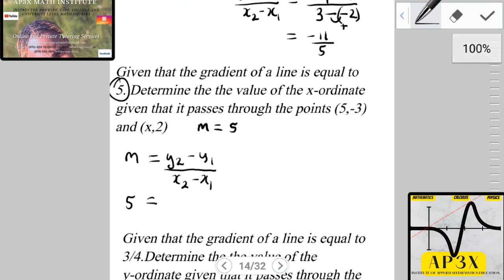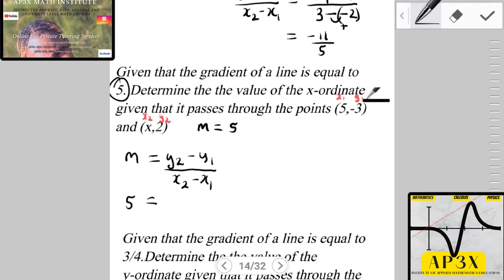Even though one of the ordinate values is missing, we're still going to label it: x1, y1, and this is x2. So basically x2 is missing and y2. We're going to transpose the equation to find the x2 ordinate value.